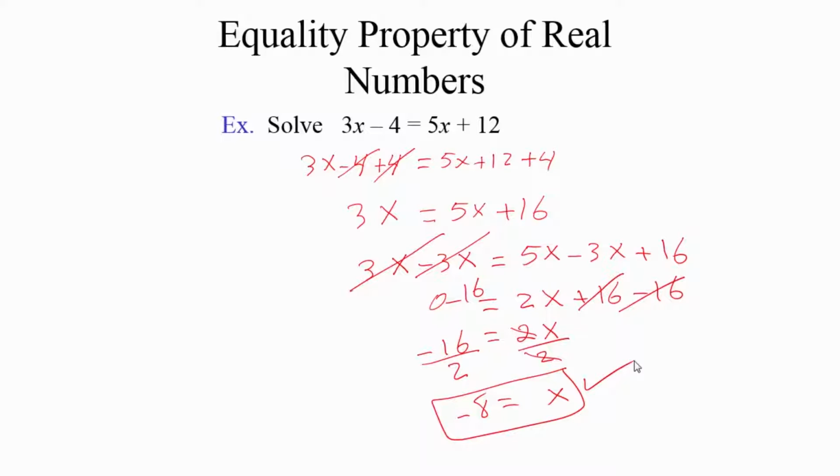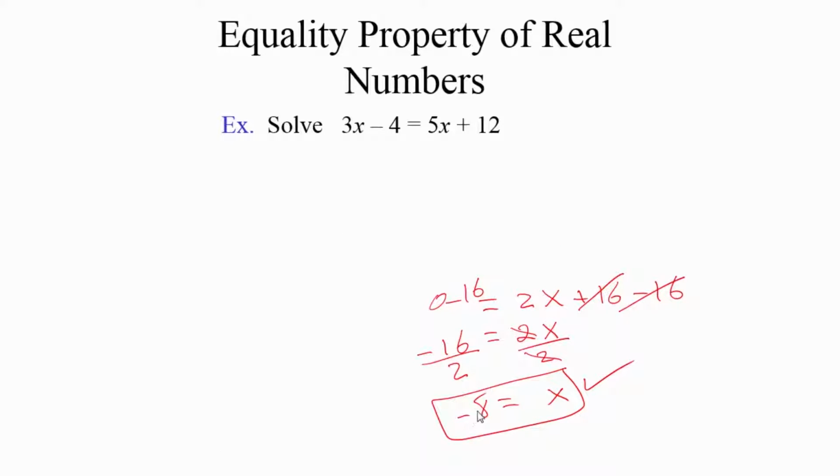That means if I plug in minus 8 for x, the left-hand side would be equal to the right-hand side. Let's test it before we go to the slide. So x is equal to minus 8, so that means 3 times minus 8 minus 4 equal 5 times minus 8 plus 12.